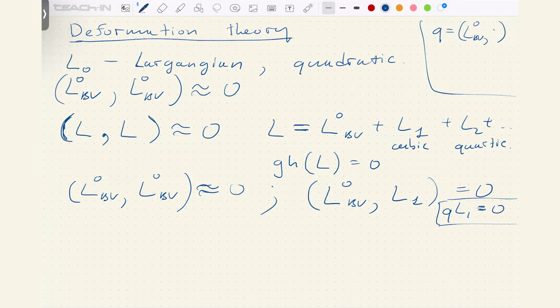If we go to the next order in our perturbative expansion, what we have is half the bracket of L1 with L1 plus Q L2 weakly equals 0, right?